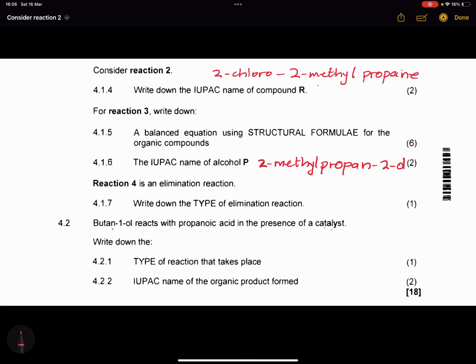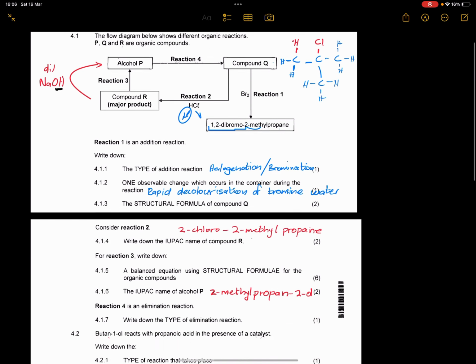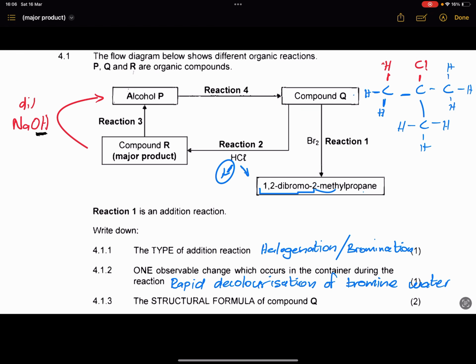Now they say reaction 4 is an elimination reaction. Please note what reaction 4 looks like. We take the alcohol and we are now going to convert it back into an alkene. You remember compound Q was that alkene there. Before we added anything, this is what it had, that pi bond there, the second bond.